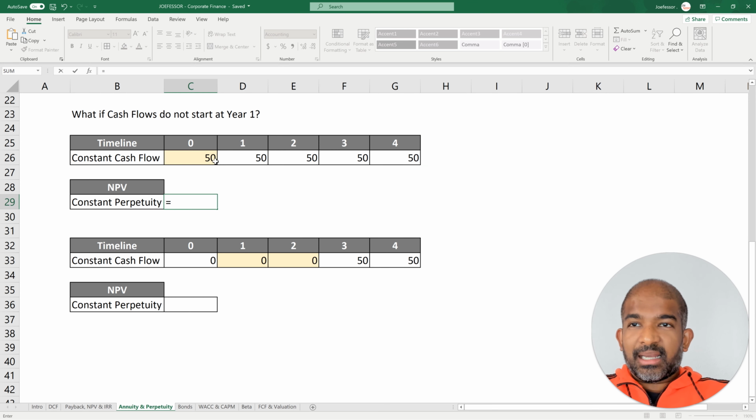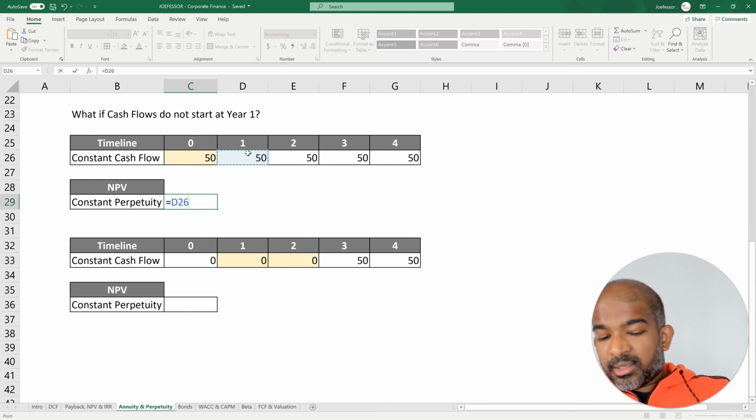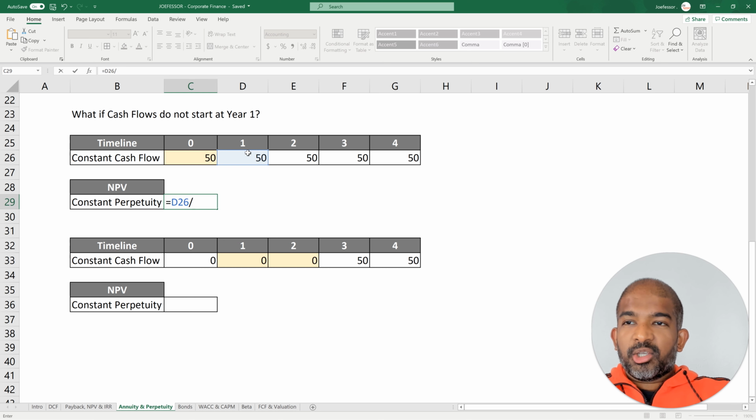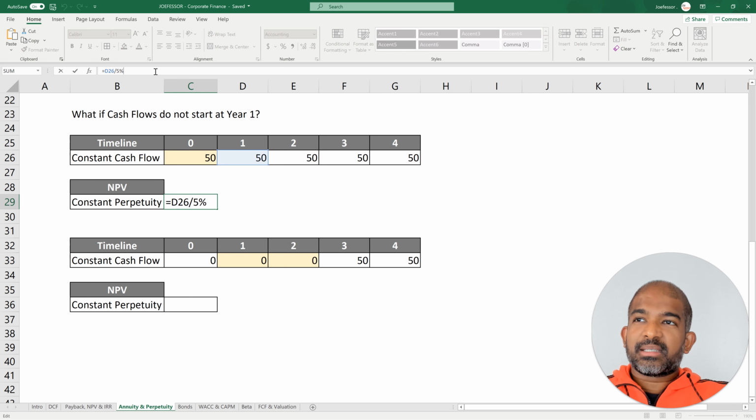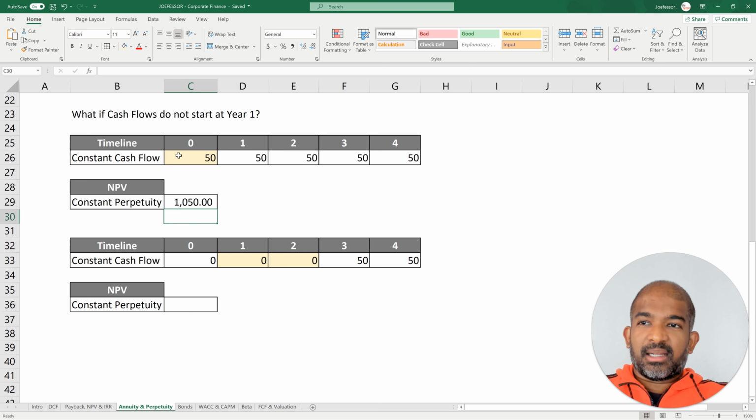You have the cash flow at year 1, you divide it by your discount rate, which is 5%. Okay, this would give you the NPV only when cash flows start from year 1. But the cash flow at year 0 is already valued at present, right? It's already the present value. So all you have to do is just add that on top of what you just calculated.